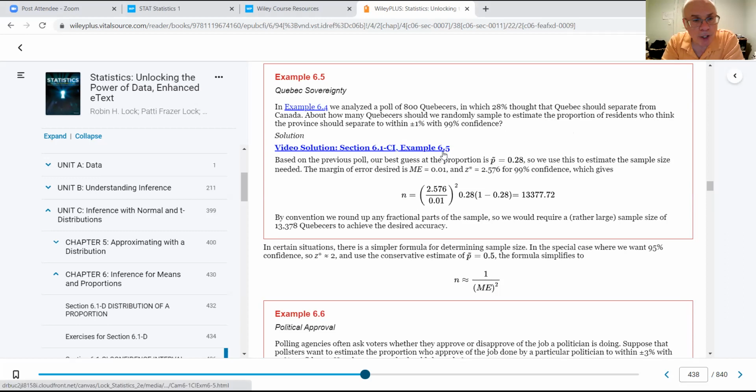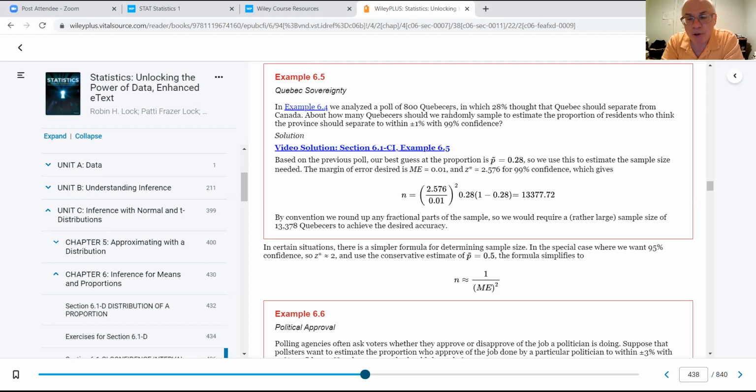Well, once again, we know that this is the formula. It's z divided by the margin of error, and the margin of error, by the way, has to be expressed as a decimal, that quantity squared times p hat times 1 minus p hat. Now, suppose we already did a study and we found 28% of Quebecers.